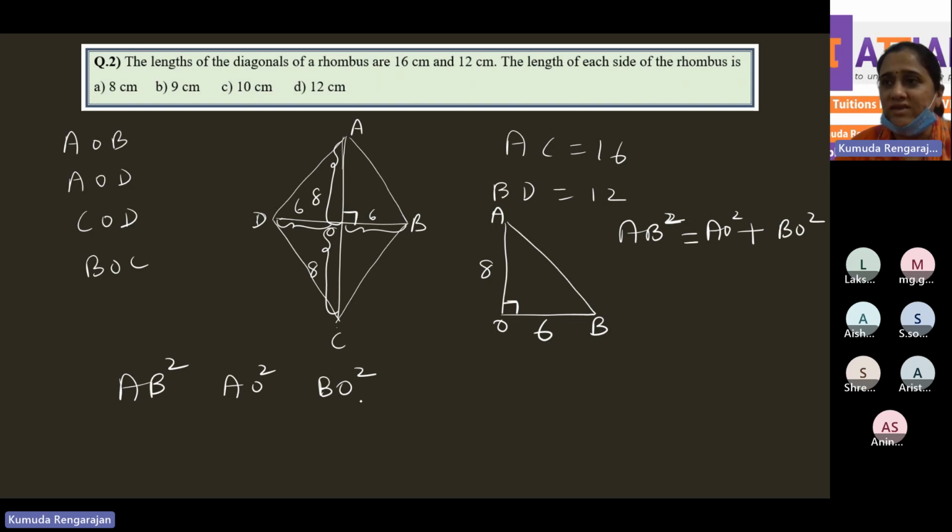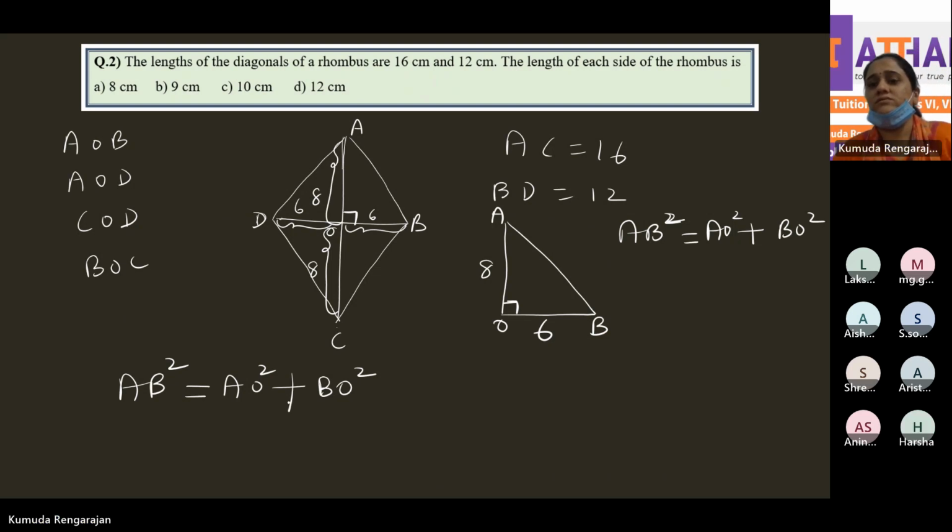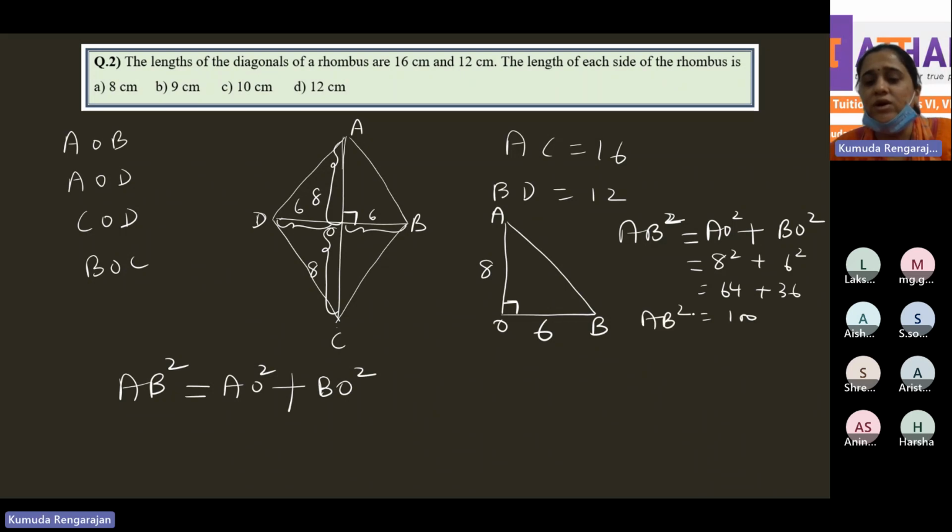Now the square on the hypotenuse, AB square, is equal to AO square plus BO square, which is 8 squared plus 6 squared. 64 plus 36 is 100. So AB square is equal to 100.